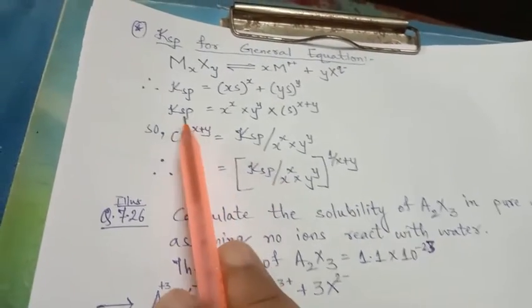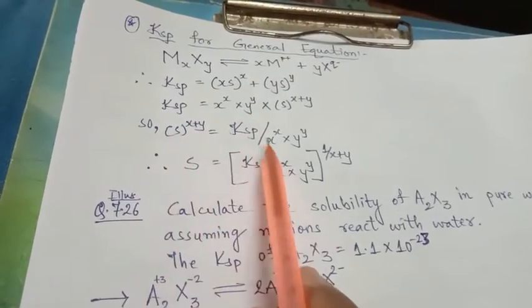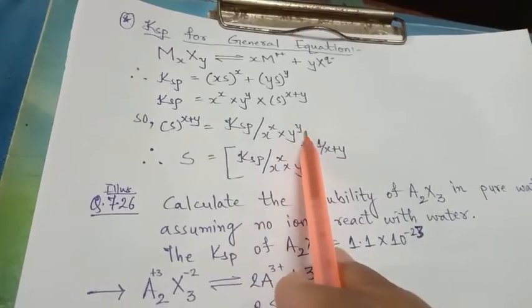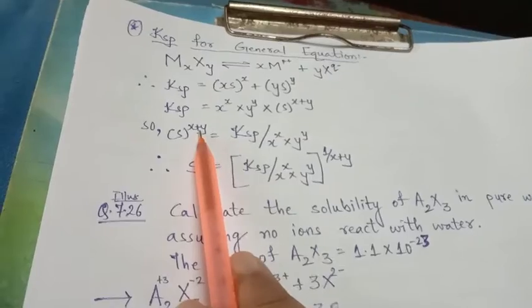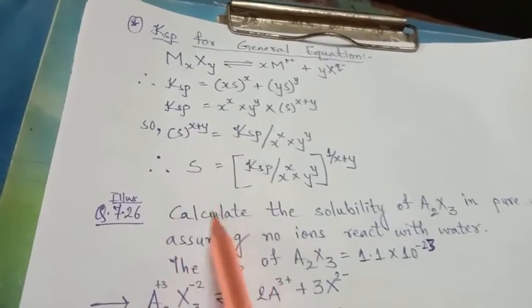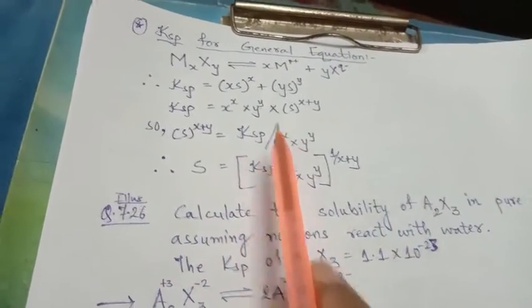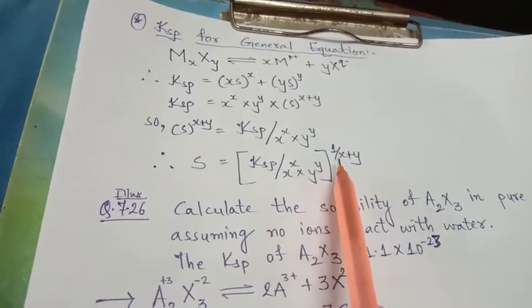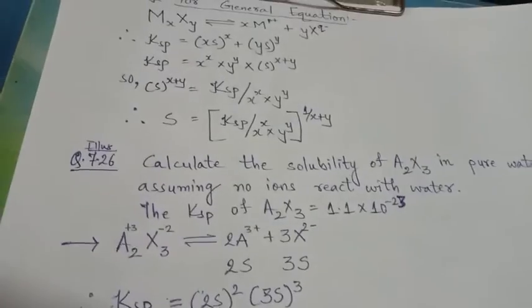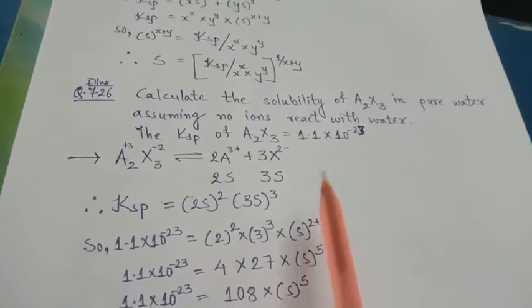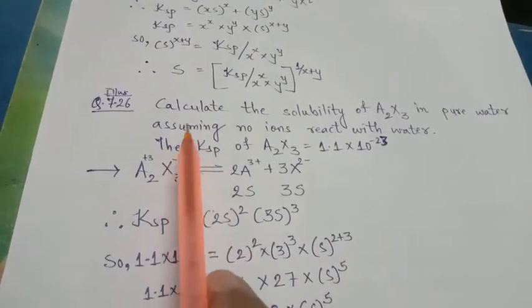Mole per liter. So Ksp upon x raised to x into y raised to y. Here S is raised to x plus y. So S is equal to the whole root of this, and taking the root, it will be raised to 1 upon x plus y.